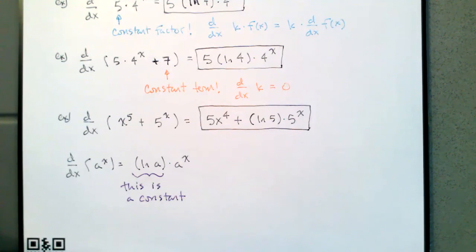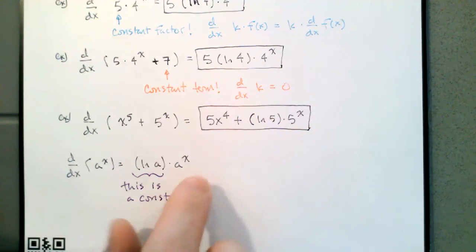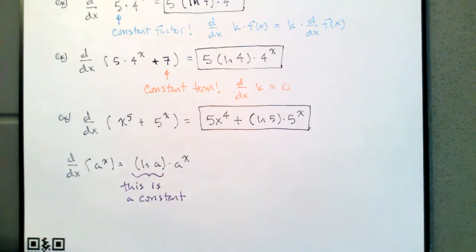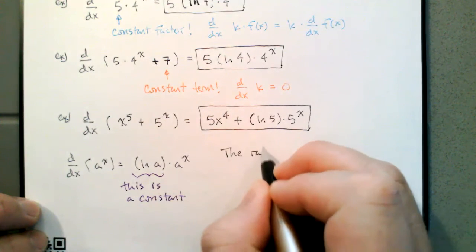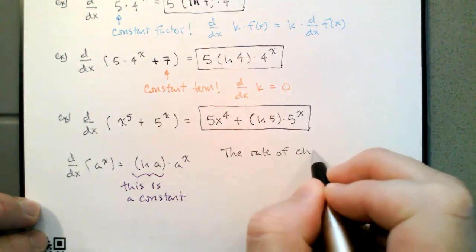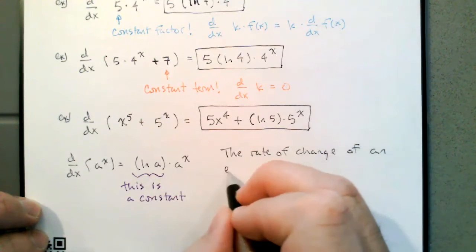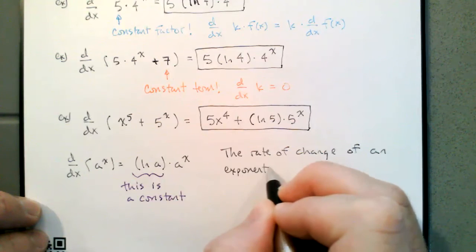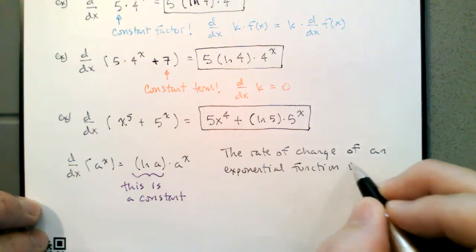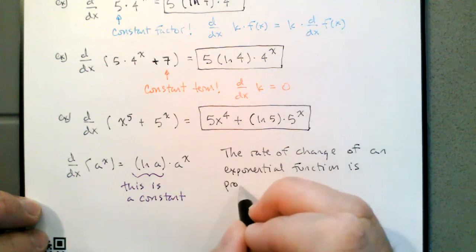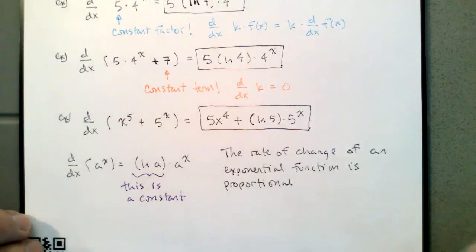So for an exponential function, the rate of change of an exponential function is proportional to the value of the function.